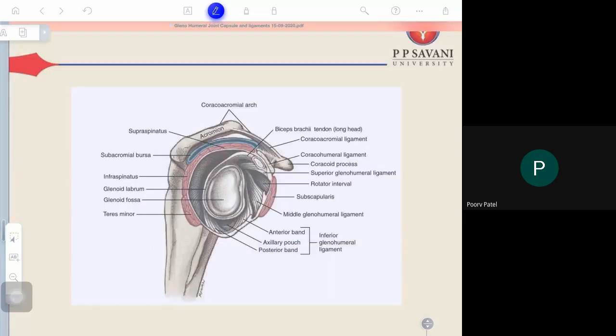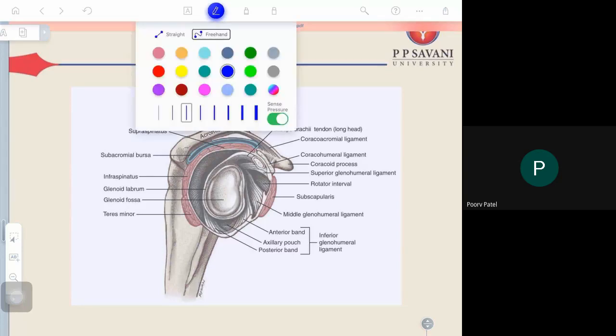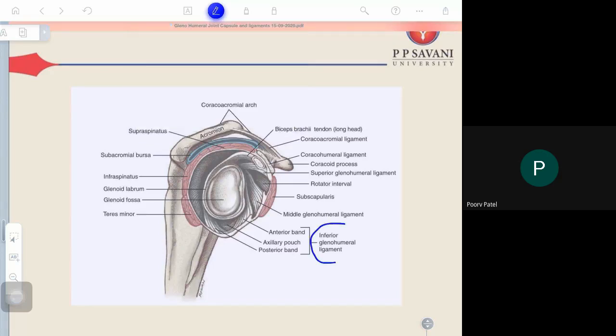This diagram is taken from Newman, so you can see the picture clearly. Yes, this is the inferior glenohumeral ligament complex. You see the anterior band, the inferior band otherwise called the axillary pouch, and the posterior band.